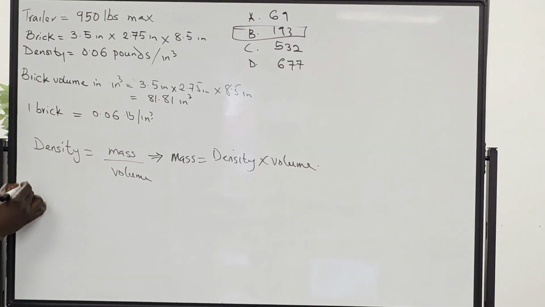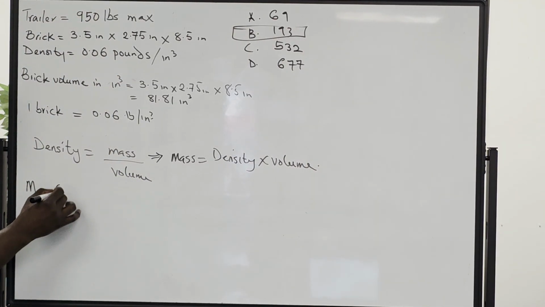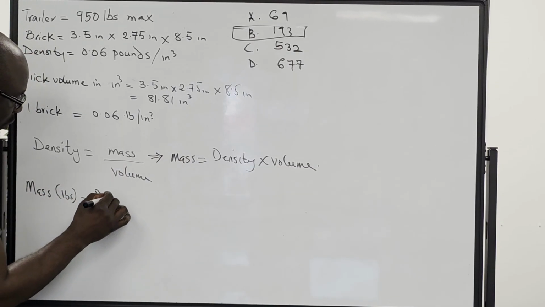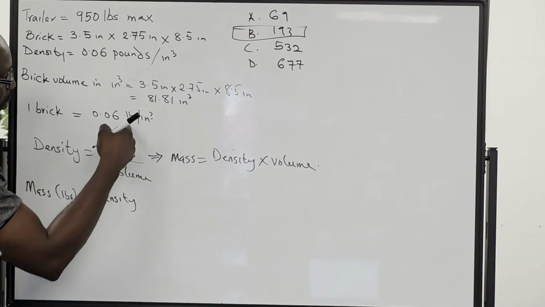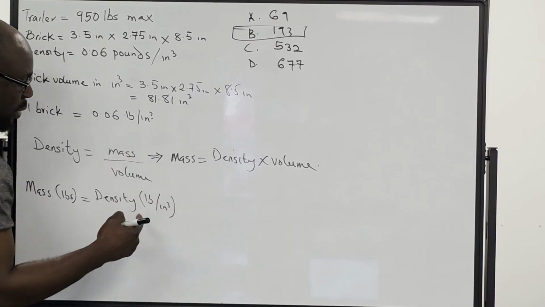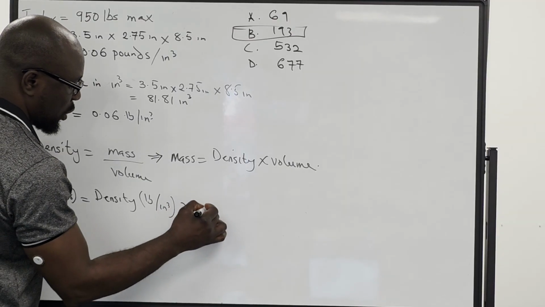Mass is going to be in pounds, density in pounds per inch cube, and volume in inch cube.